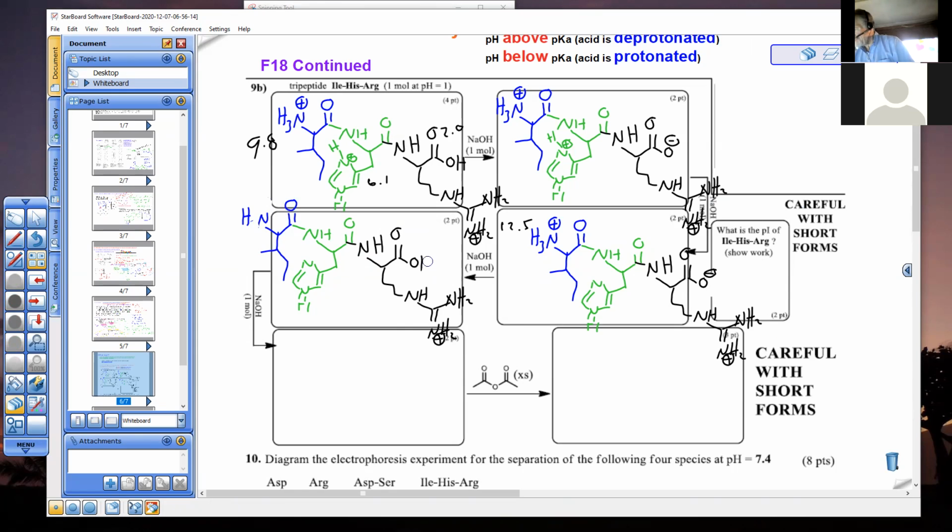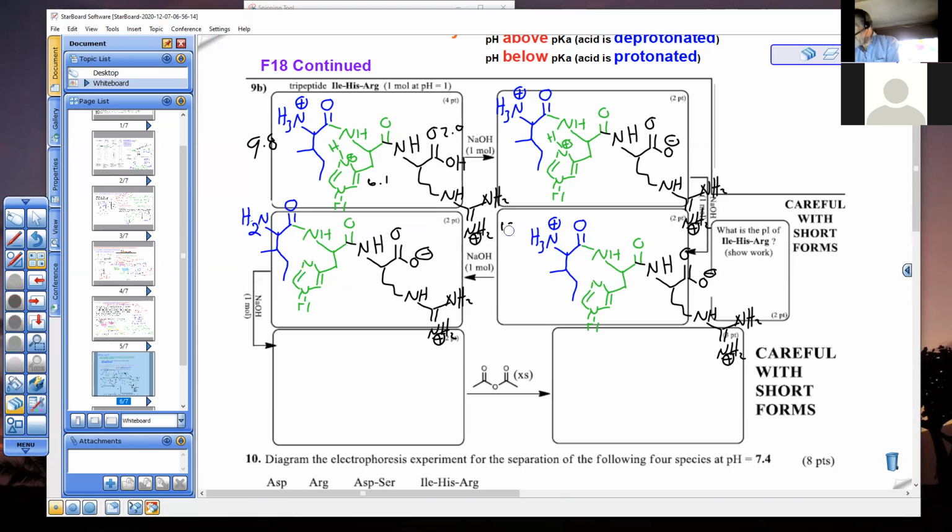Carboxyl's off. NH2, neutral now. And the only thing left is our 12.5, the most weak acid.